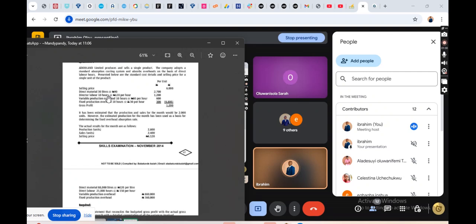So let's really look at this question. Goodland Limited produces and sells a single product. Please, Oluwani Sola Sarah, please mute your mic. Okay, required first.